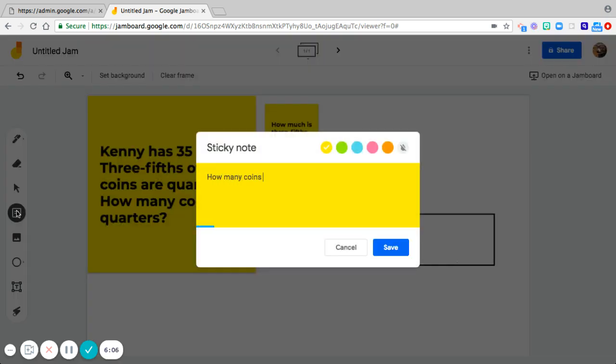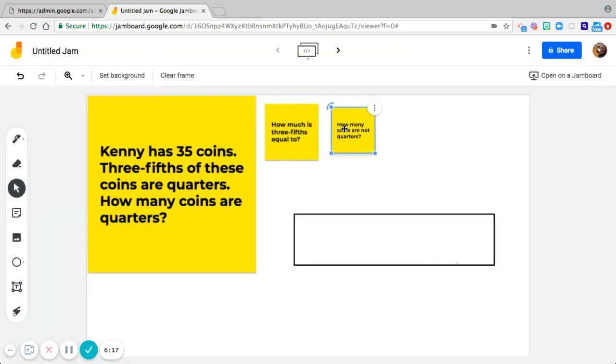How many coins are not quarters? Okay. Let's make that a little bigger. Wonderful. And then another question, of course, is how many coins are quarters?